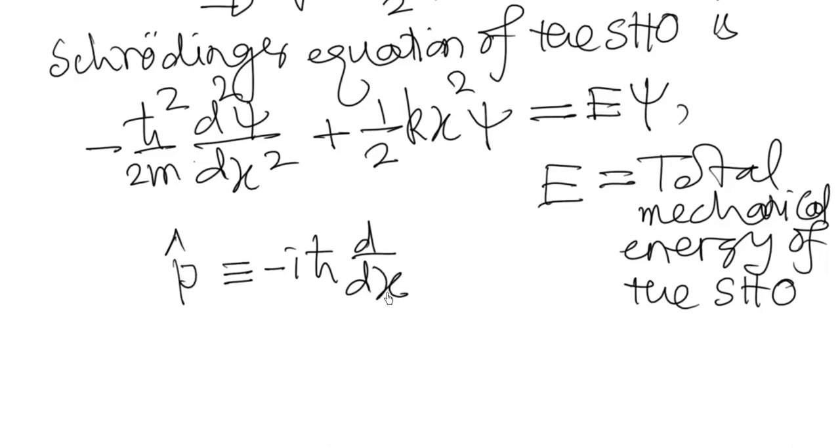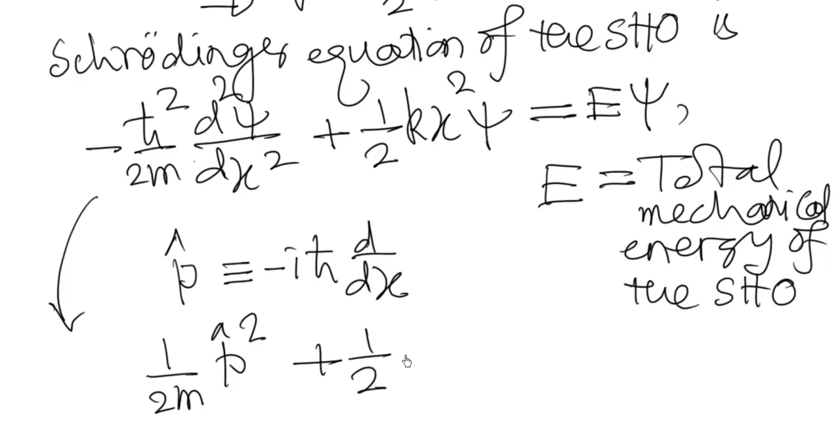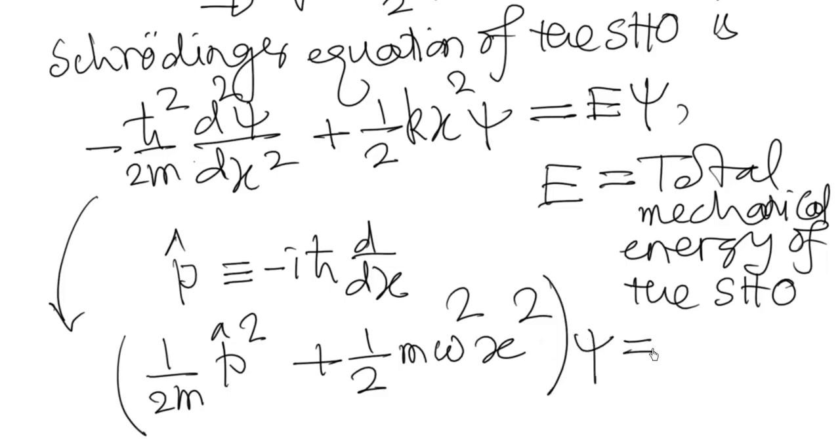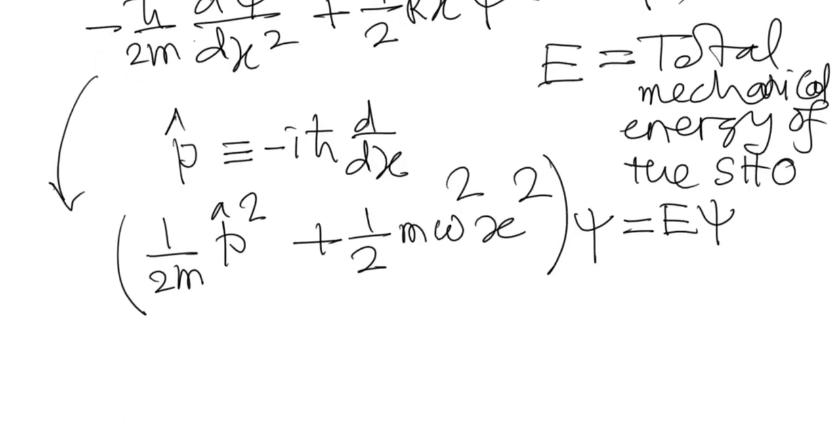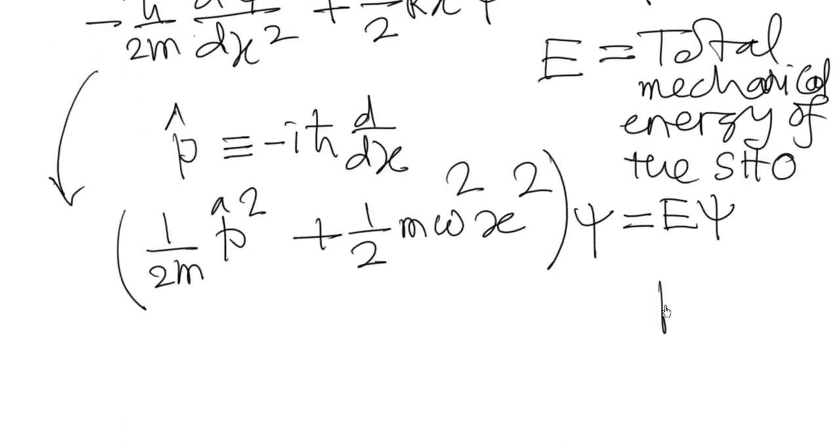So the Schrödinger equation can be written as this, where we have substituted k, with omega equal to square root of k by m.